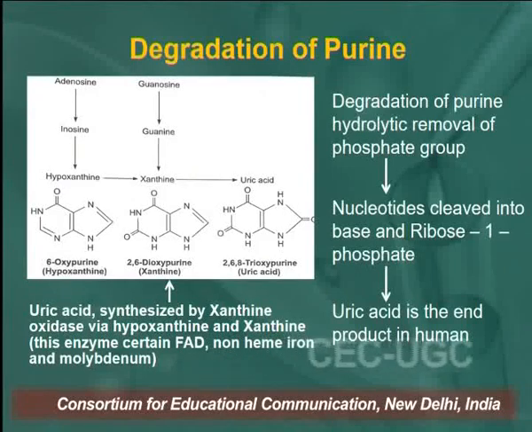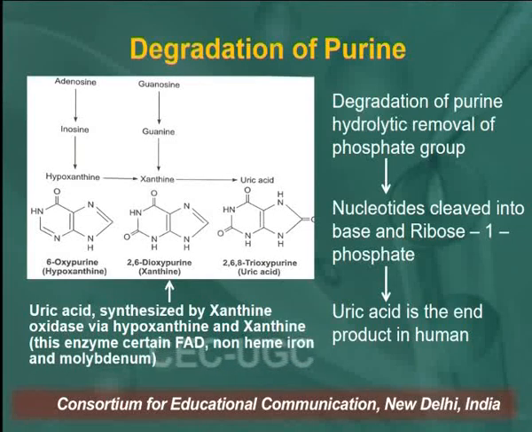So, how is purine metabolized in living organisms? We call this the degradation of purine. Learners, most of the purines in the human body are degraded into uric acid.